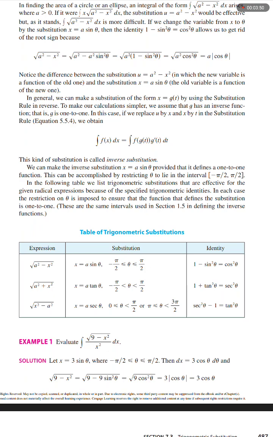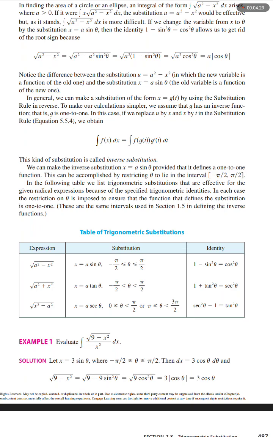In the following table, we list trigonometric substitutions that are effective for the given radical expressions because of the specified trigonometric identities. In each case, the restriction on theta is imposed to ensure that the function that defines the substitution is 1-to-1. These are the same intervals used in section 1.5 in defining the inverse functions.